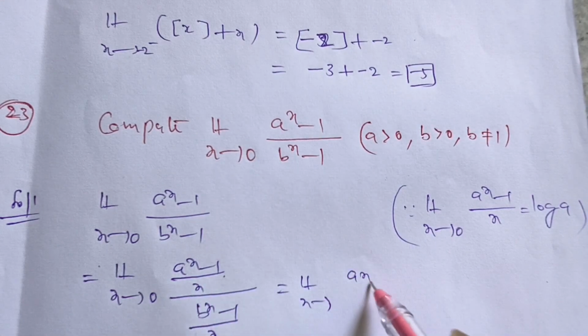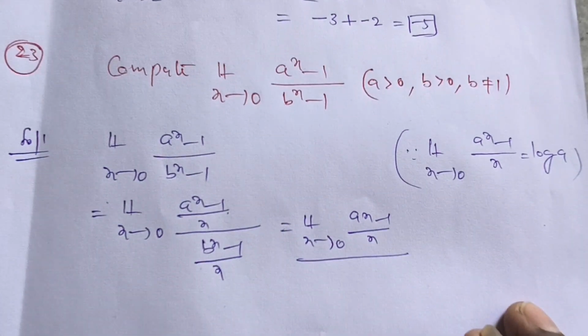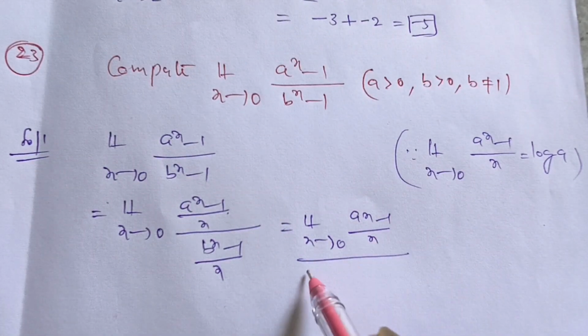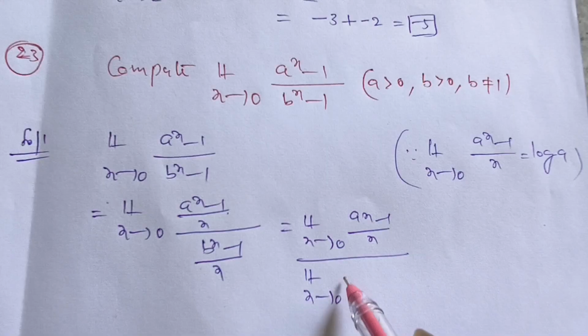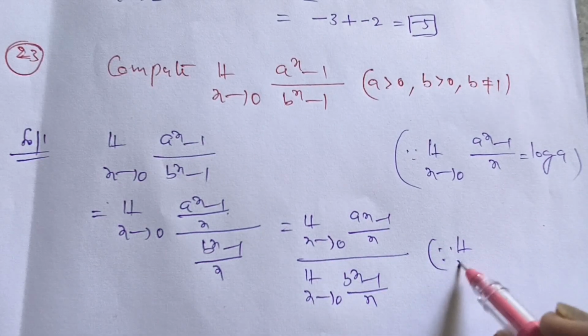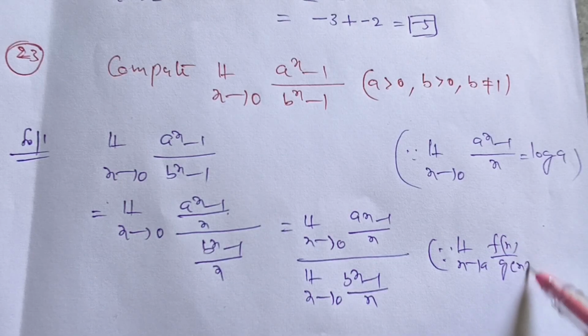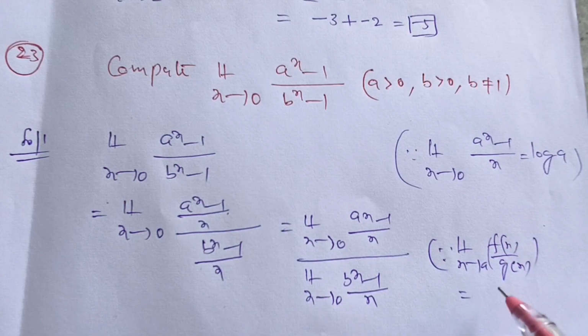Now the limit can be applied to both numerator and denominator. That is limit x tends to 0, a power x minus 1 by x, over limit x tends to 0, b power x minus 1 by x. Okay, because we have the algebra of limits: limit x tends to a, f of x by g of x is equal to limit of f of x by limit of g of x.